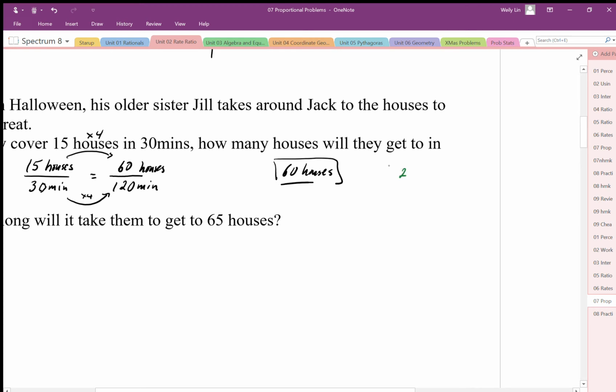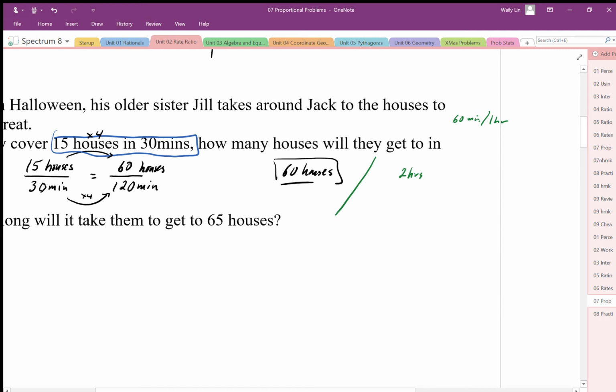So we can start with 2 hours, and here is my rate. My rate is 15 houses in 30 minutes. First of all, I want to convert this into minutes, and I know that 60 minutes is equal to 1 hour.